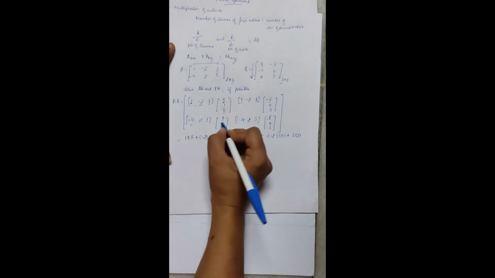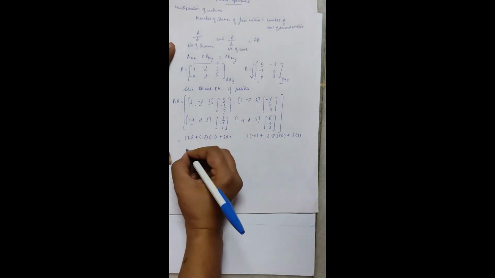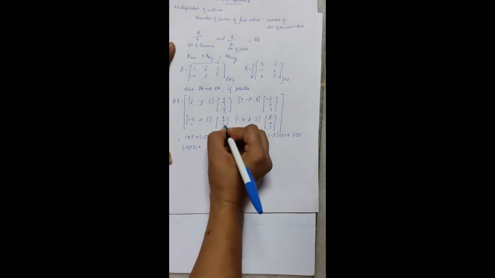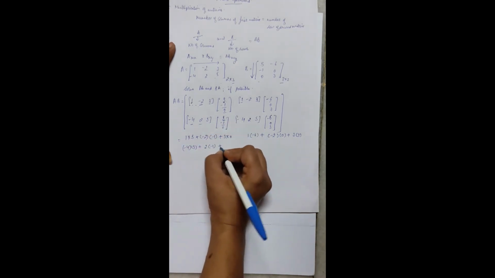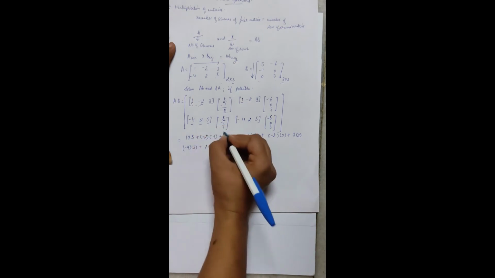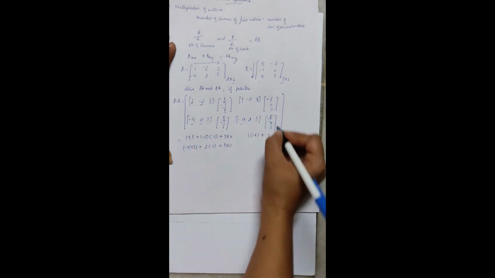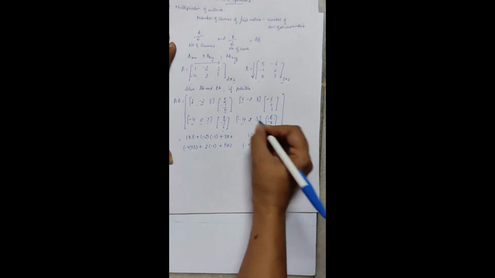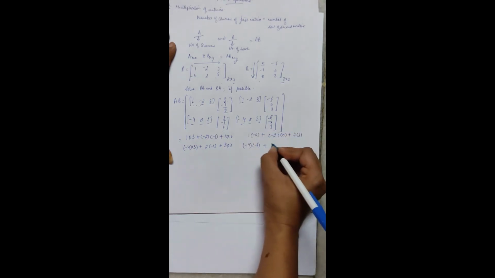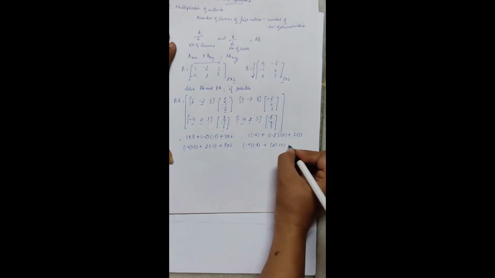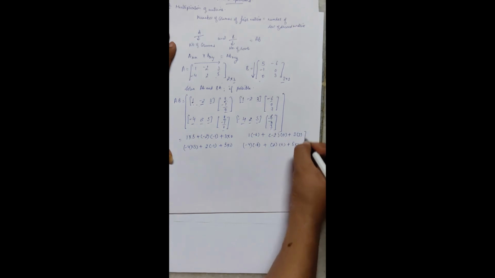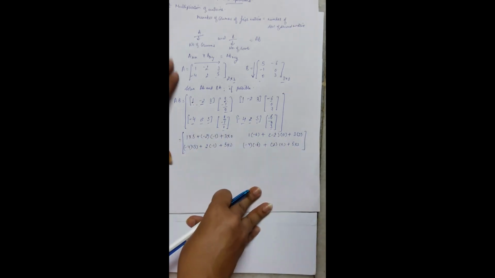Again, minus 4 into 5, plus 2 into minus 1 and plus 5 into 0. Minus 4 into minus 6, plus 2 into 0, and plus 5 into 3. Now I will solve this sum.